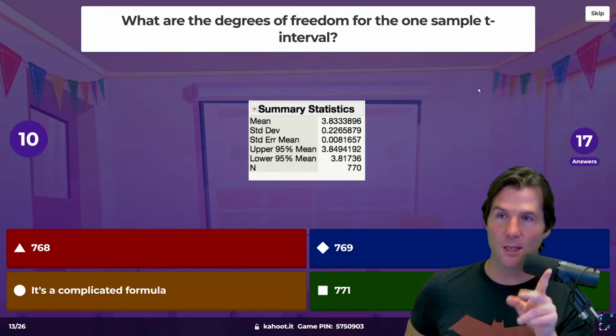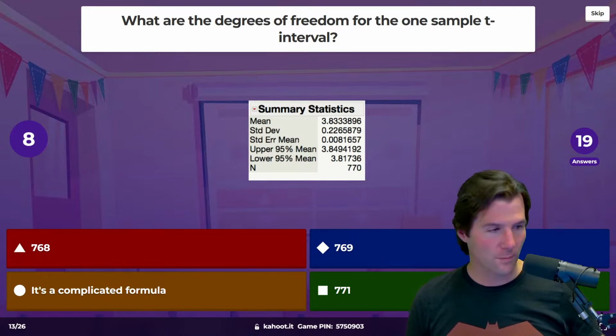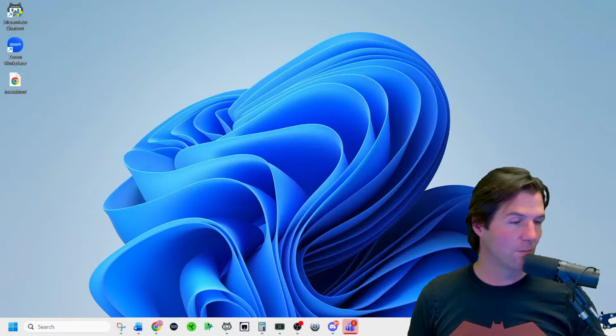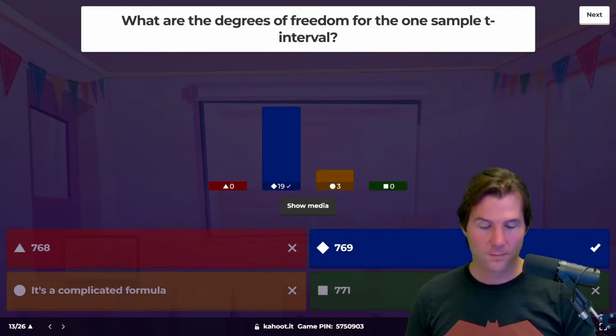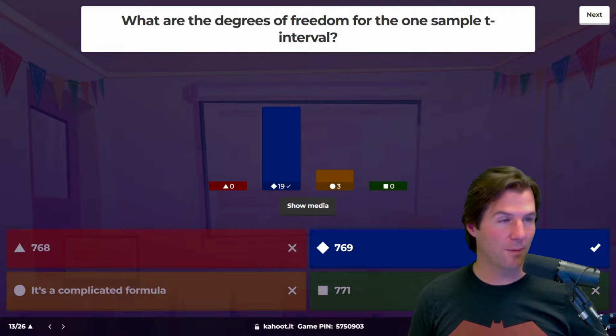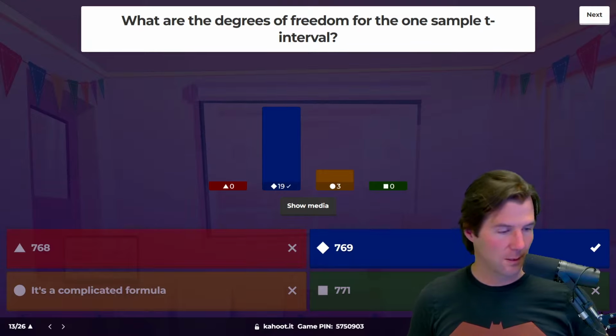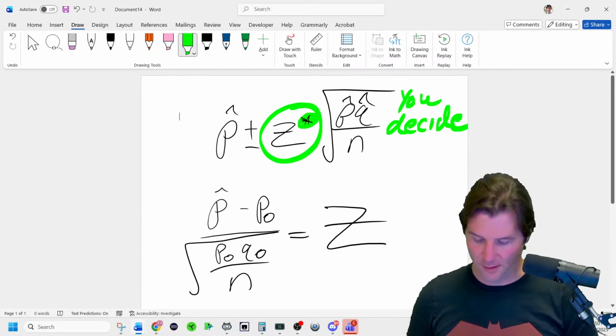Two sample T, what is it? Too complicated. For the two sample T, the degrees of freedom formula is too complicated. What we mean by that is the degrees of freedom formula is this mess over here.